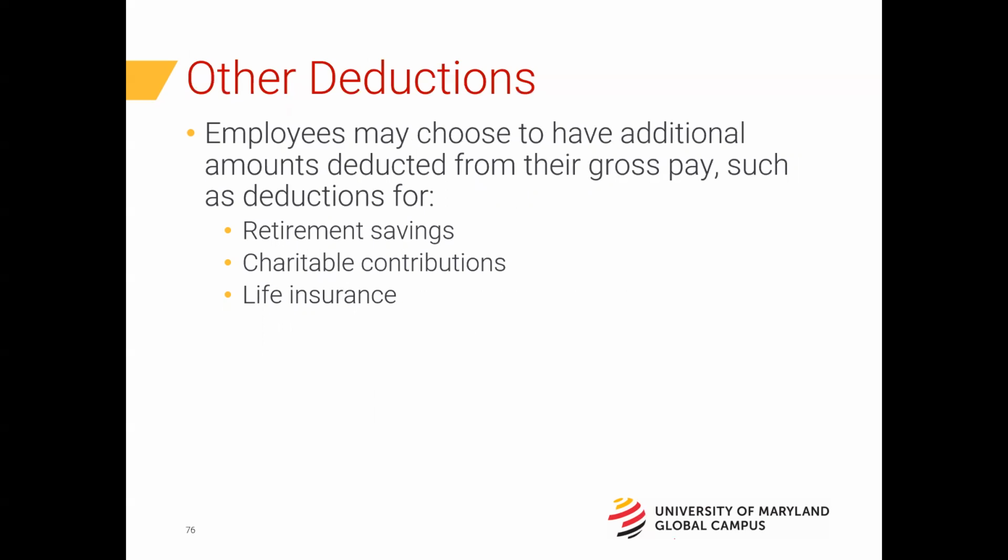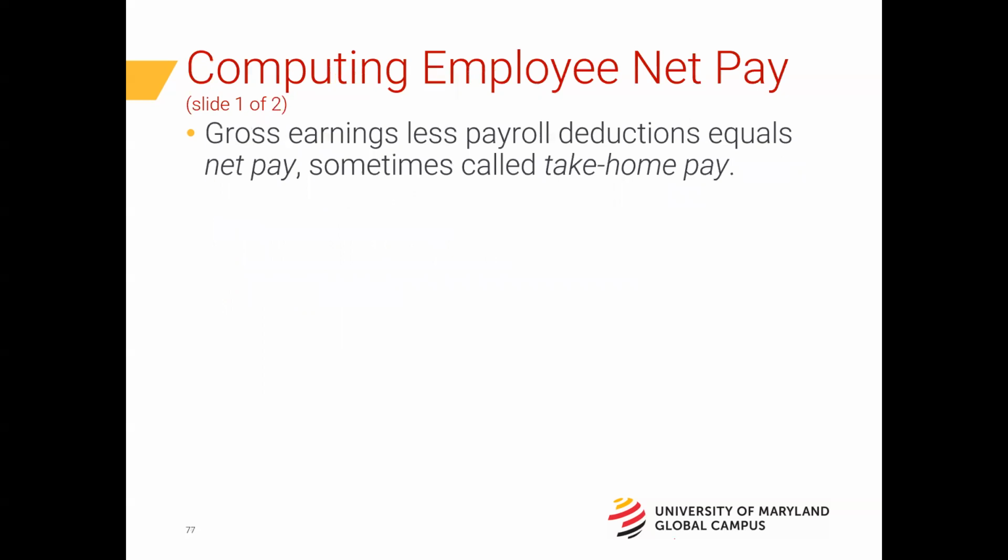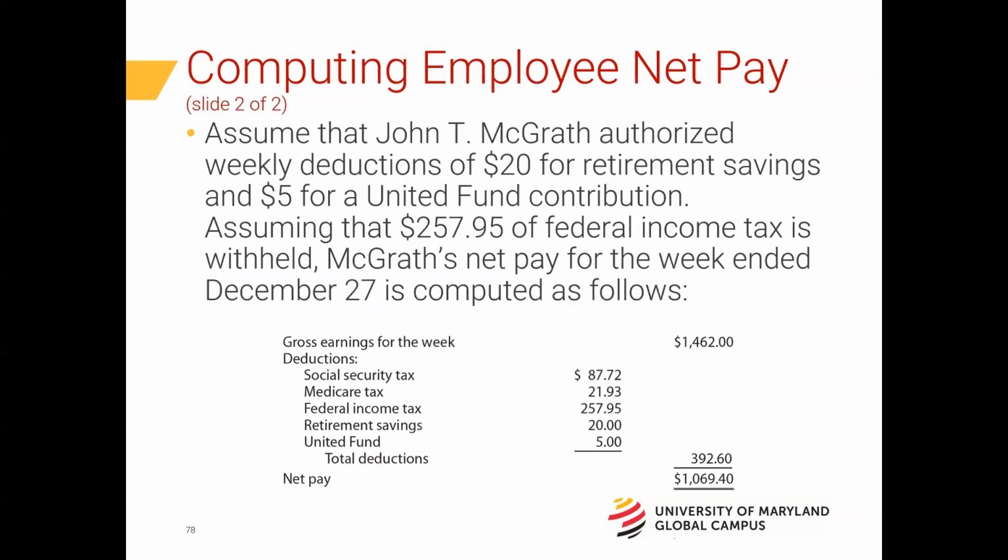And then there's other deductions that the employees typically have: retirement savings, charitable contributions, life insurance, childcare, yada, yada, yada. The list goes on, right? Those are typically pre-tax. Those are before taxes. So here's an example from our employee. Gross earnings of $1,462. Social Security $87.72.